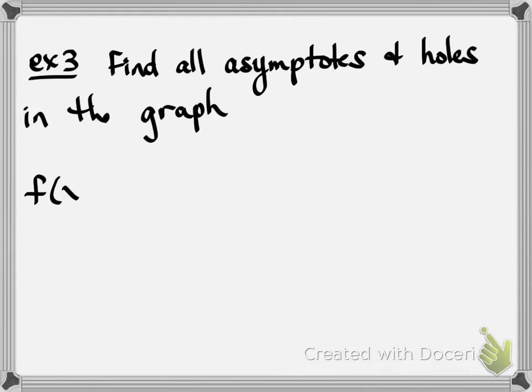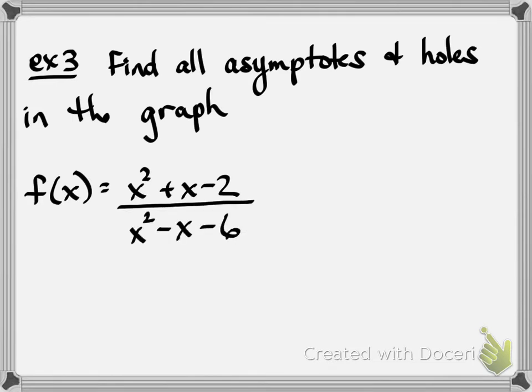Example 3 is f of x equals x squared plus x minus 2 over x squared minus x minus 6. So before we jump in and start trying to find asymptotes or holes, we would like to make sure the top and the bottom are simplified.